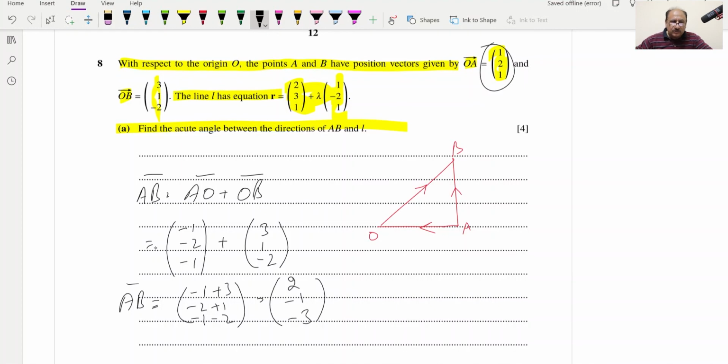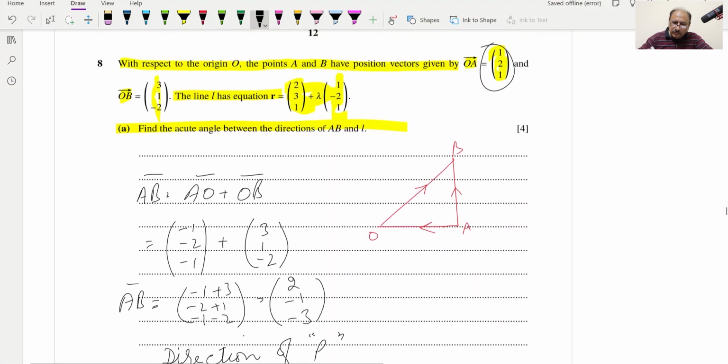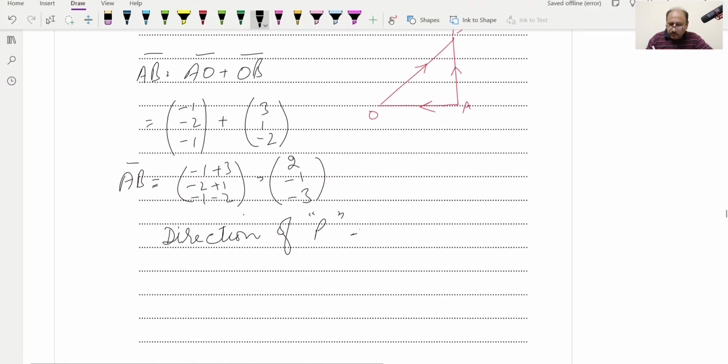Now what is the direction of P? This will be the direction of P, this one: 1, -2 and 1.